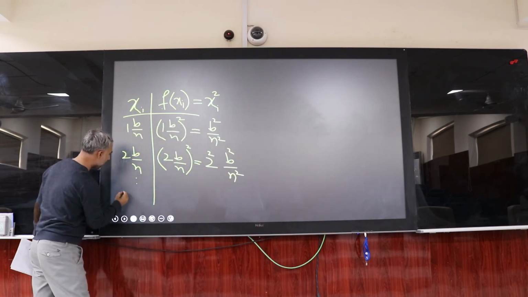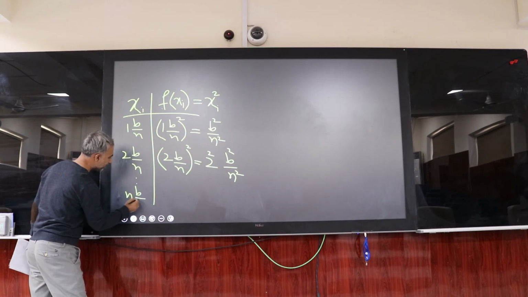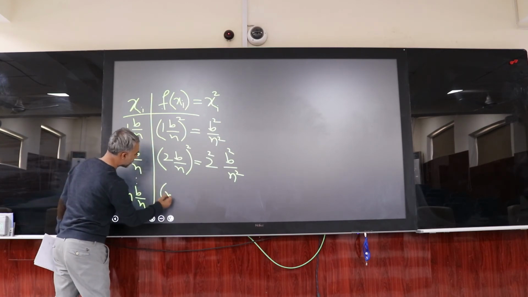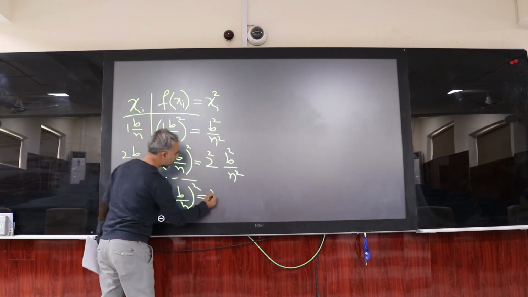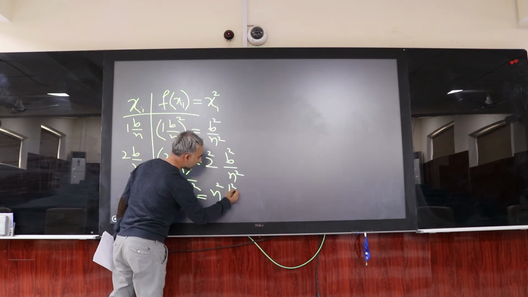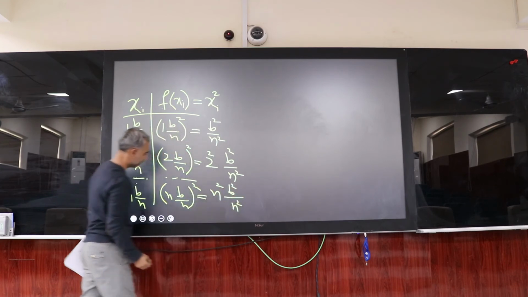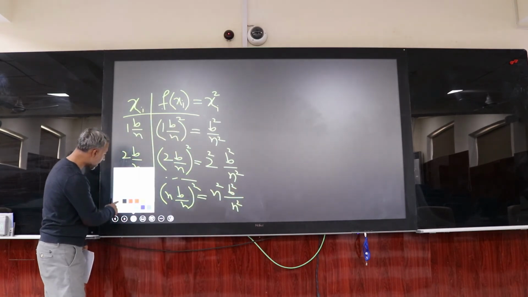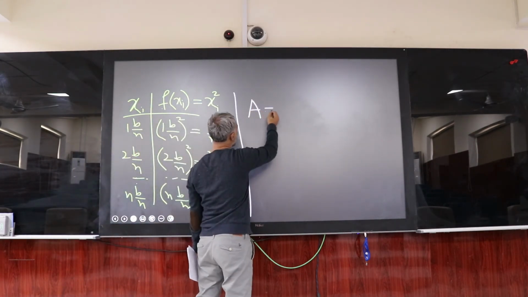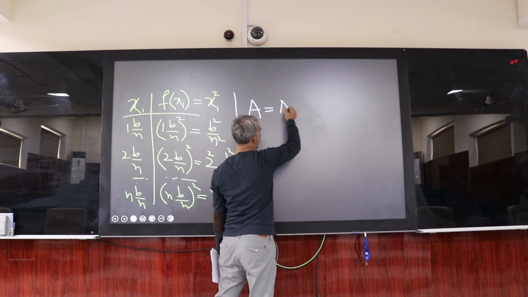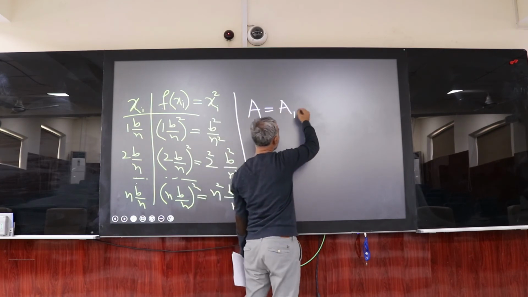Similarly, go to n number of rectangles: n square b square over n square. So for getting the area, we need to multiply base into height.